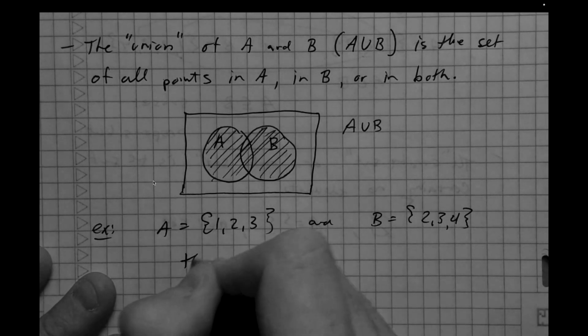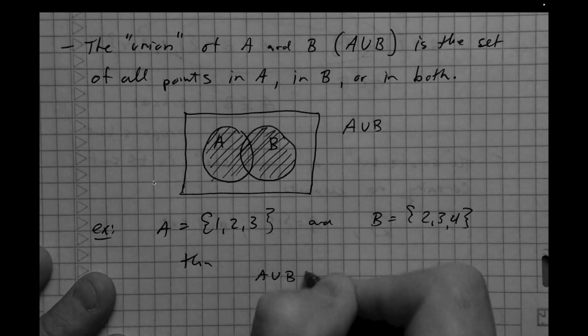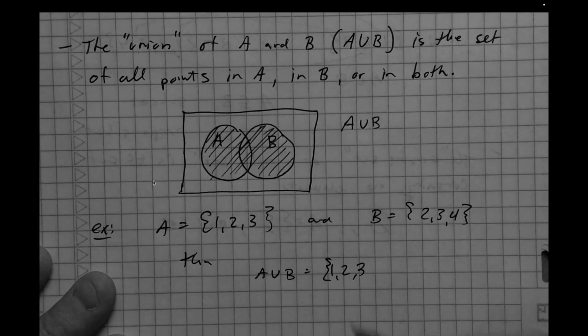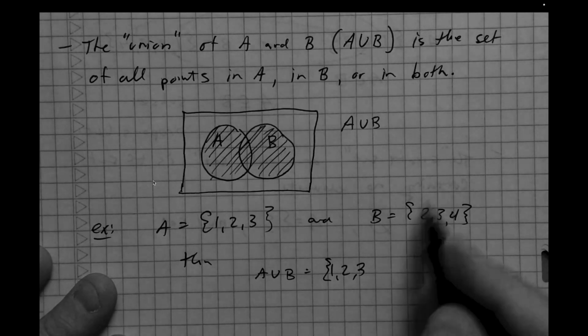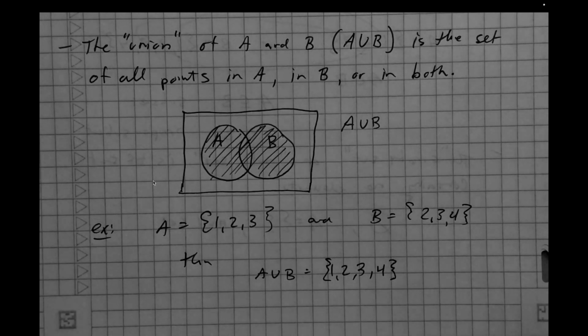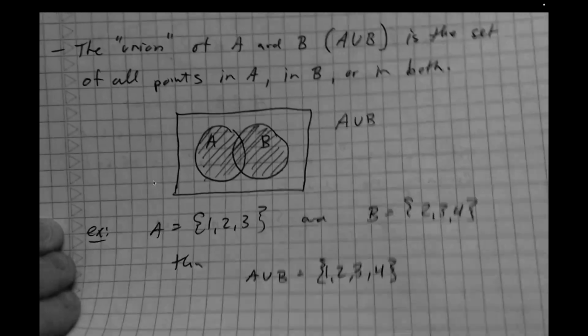Then A or B is equal to 1, 2, and 3, everything in A, and everything in B, so 2, 3, and 4. So I just really need to add the 4 there, don't I? So the union would be 1, 2, 3, 4, whereas A and B are not identical. They're 1, 2, 3, and 2, 3, 4, respectively. That's the union.